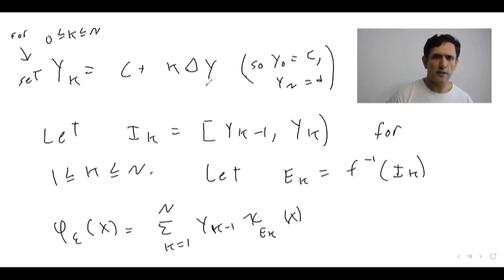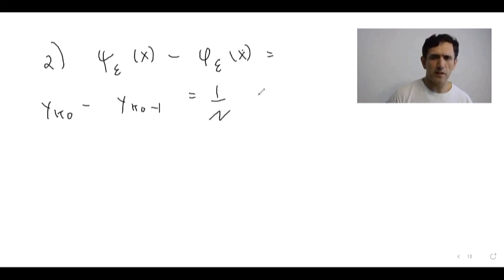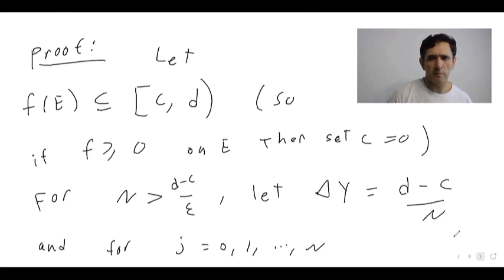So each one of these has length delta y, which is d minus c over n, and that's less than epsilon.